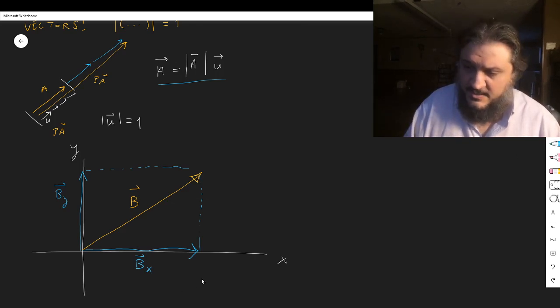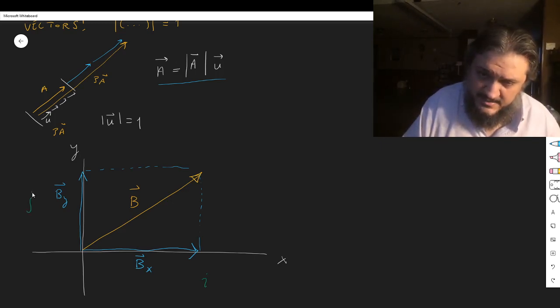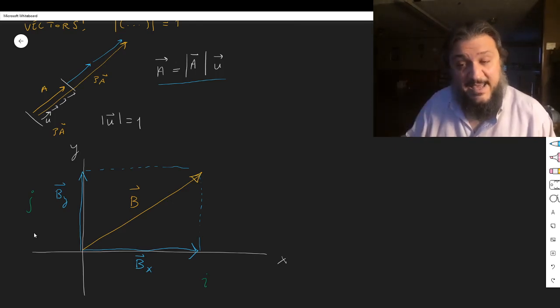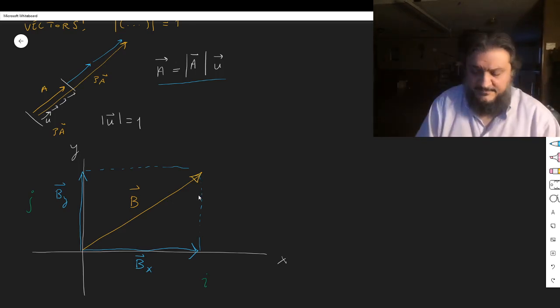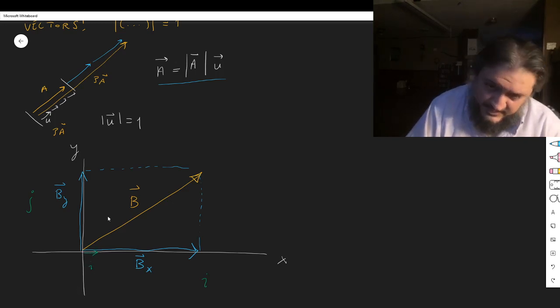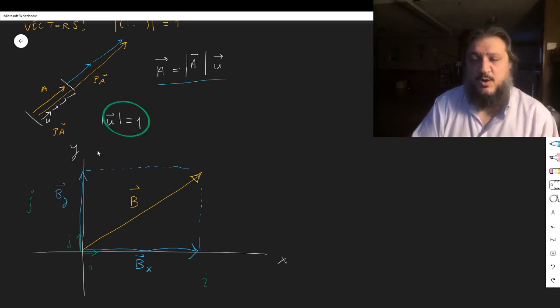Okay, so i will be the vector along the x-axis, and j will be the vector along the y-axis. And since these vectors have unit length, this vector I'm talking about, along the x direction, i, and along the y direction, j, their lengths will be equal to 1.